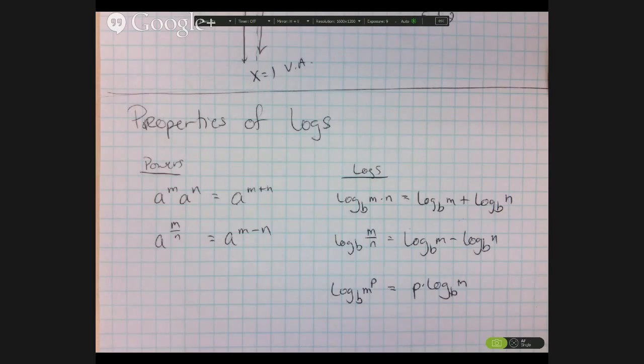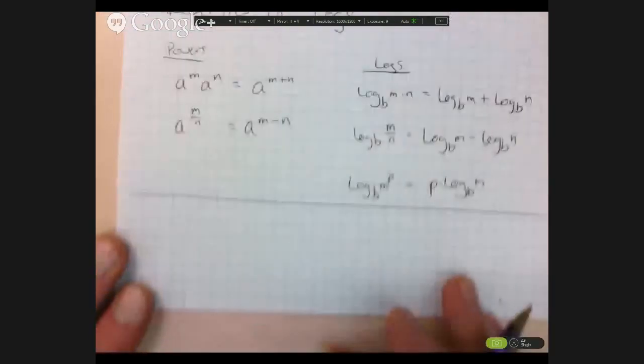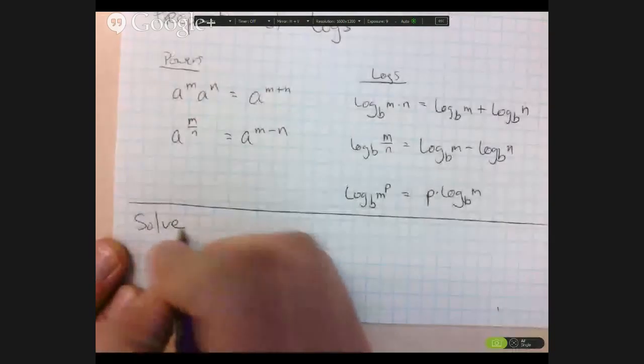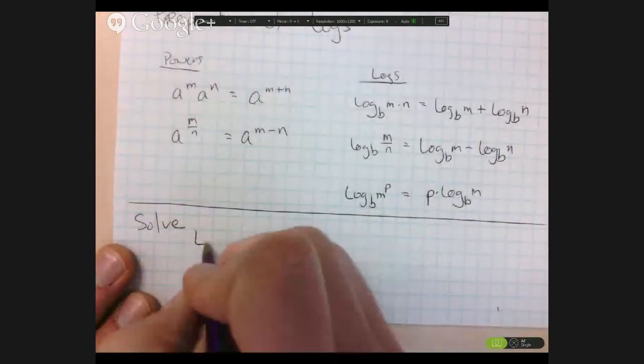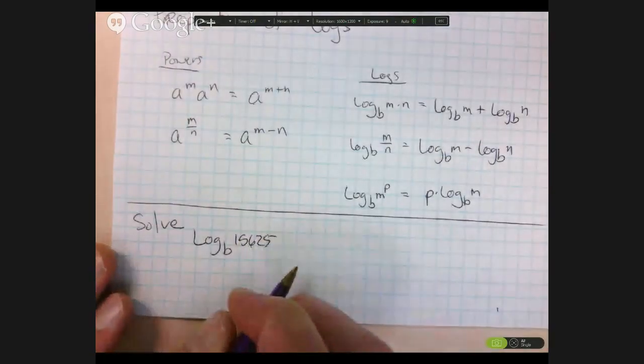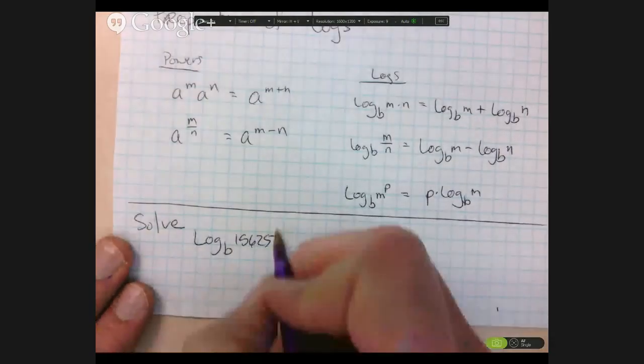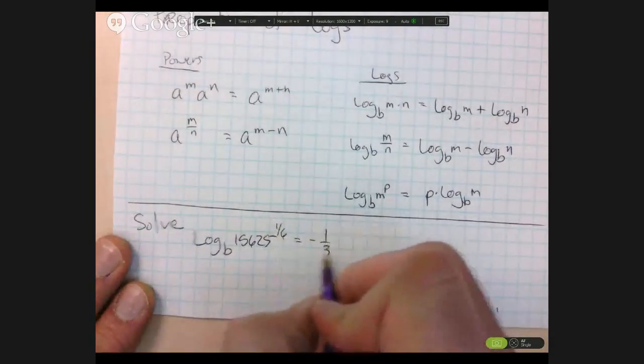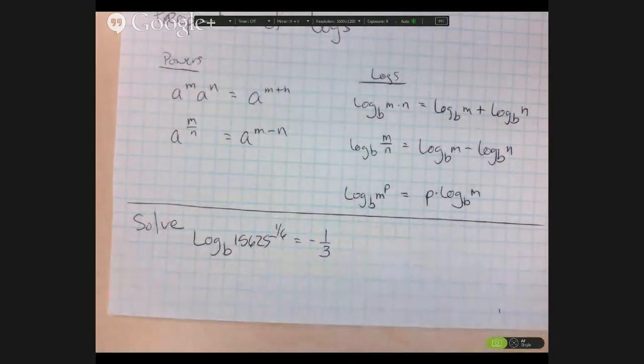So we're going to use these solving equations with the definition of logs. So let's look at, I'm just going to go through and show you a variety of ways to solve for different variables in logarithms.